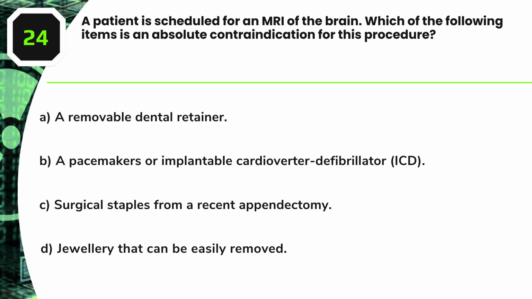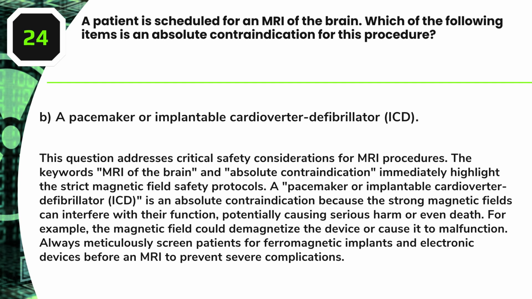Answer, B. A pacemaker or implantable cardioverter defibrillator, ICD. This question addresses critical safety considerations for MRI procedures. The keywords MRI of the brain and absolute contraindication immediately highlight the strict magnetic field safety protocols.